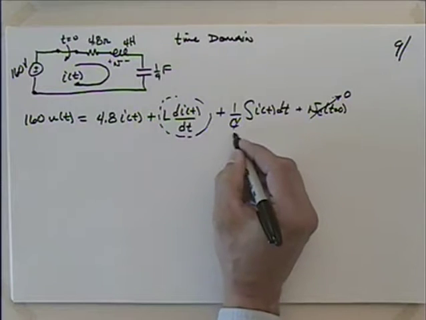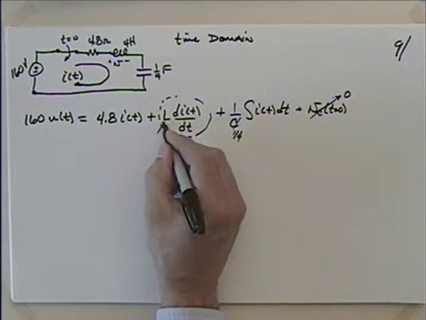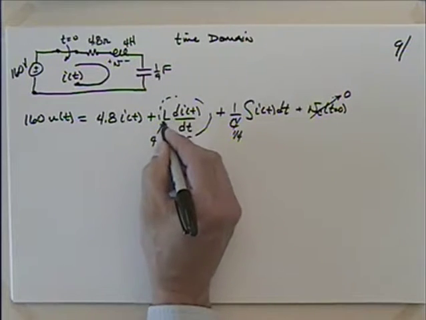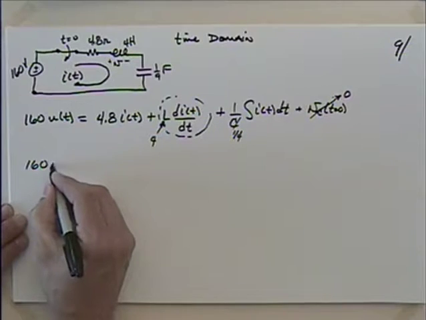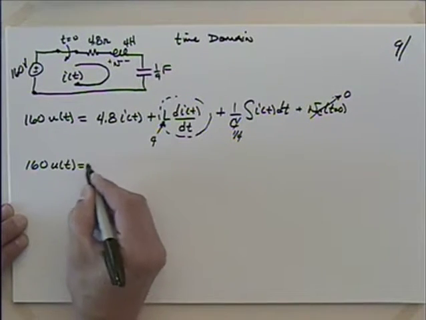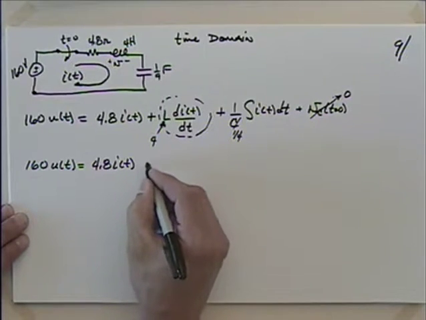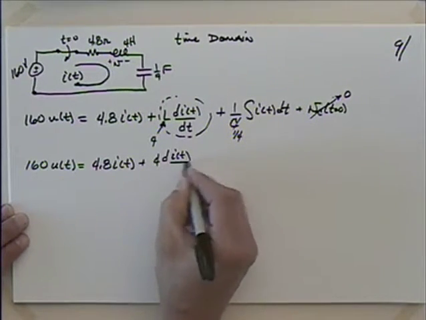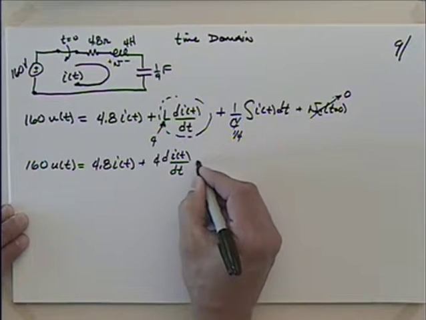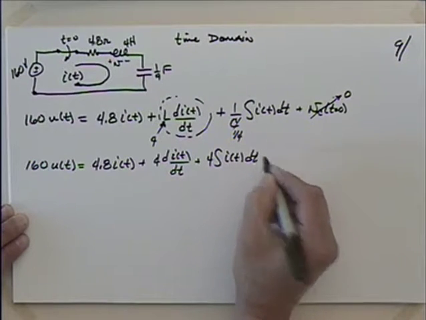This one is 1/4, and this L here is 4. So tidy this up: 160 u of t is equal to 4.8 I of t plus 4 dI of t dt plus 4 times the integral of I of t dt.